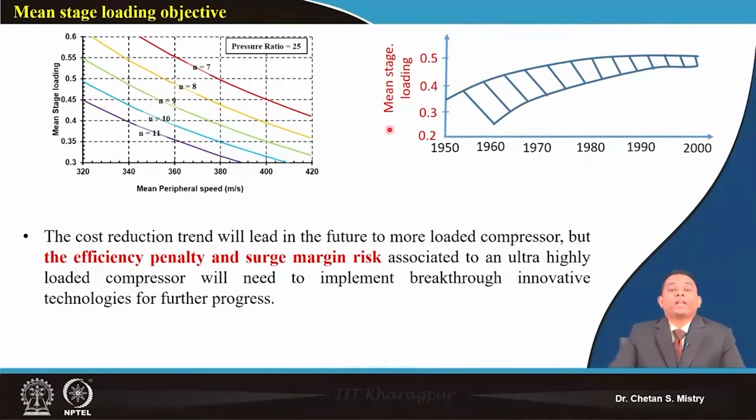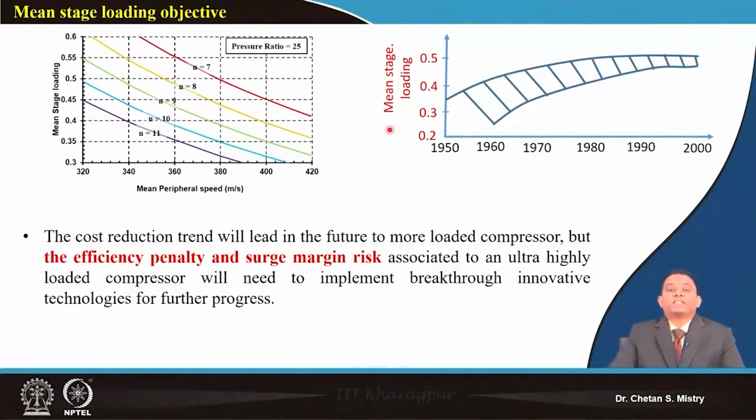And when we are going to higher mean loading, we are going on the greedy side, and that requires a whole lot of new developments to address the issues related to efficiency, issues related to stall or my operating range.